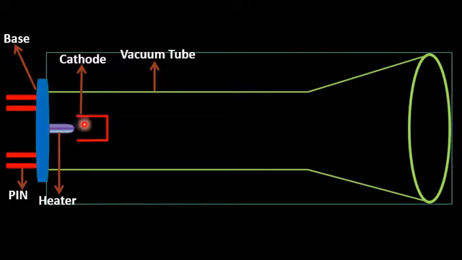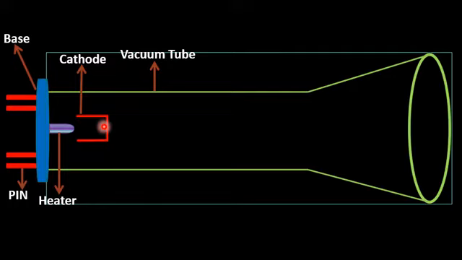So dear student, the cathode covers the heater of the cathode ray tube, and when the heater heats up, it gives heat to the cathode. When the cathode heats up, due to thermionic emission, the cathode will start to eject electrons from its surface.